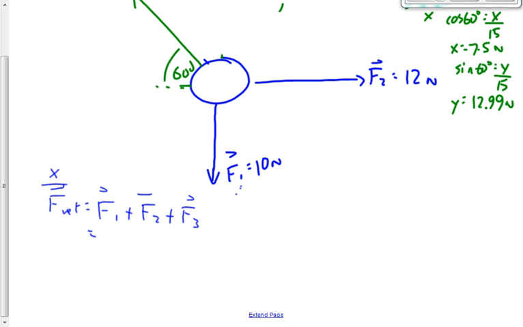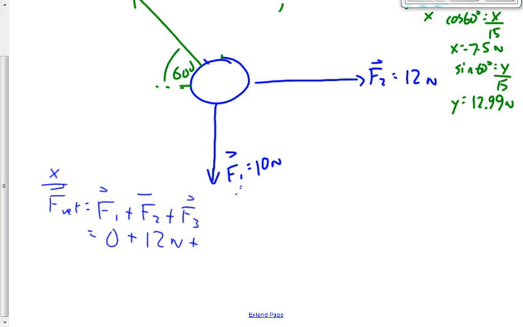What's F1? Remember, we're doing x components here. What's F1? Alex, what's F1? Good. 0 because it's straight down. What's F2? Yep. It's 12 newtons, and it's positive because it's to the right.